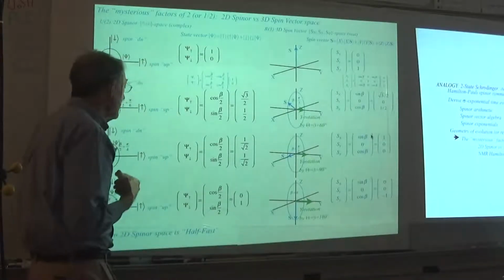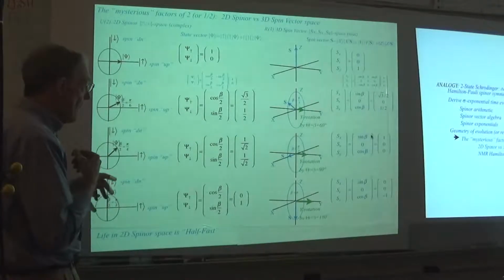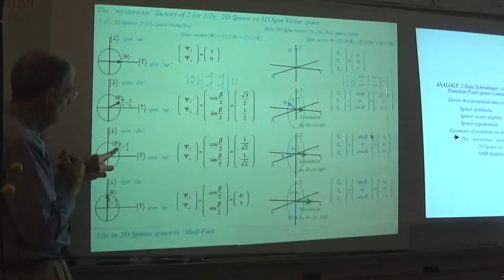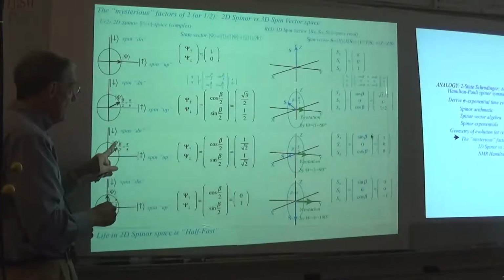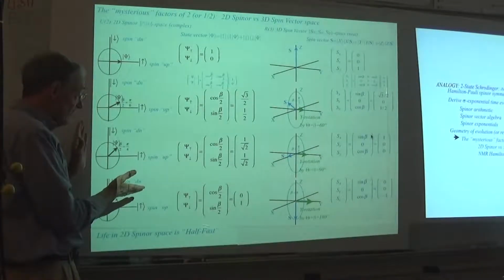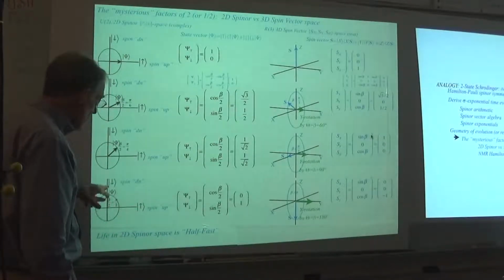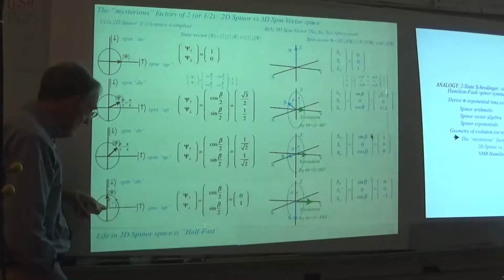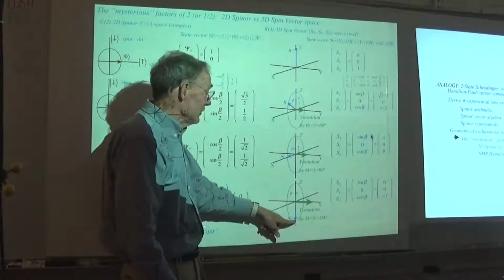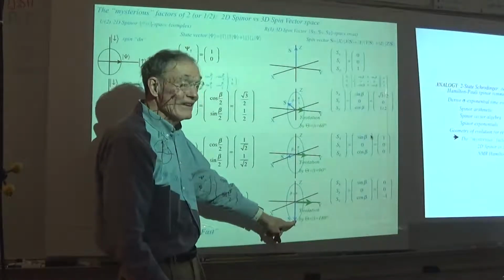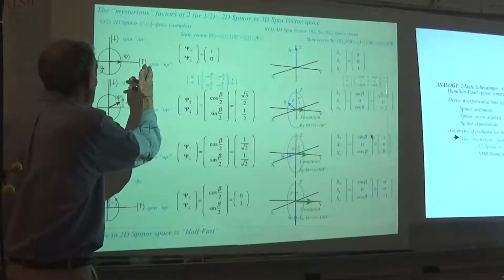Now here's what's really screwy. By the time I get this vector to down, I've only rotated 90 degrees in this space. And this thing is going to be this thing right here, spin down. That's spin down. There's the actual spin vector pointing down. So this is up, and there's down.